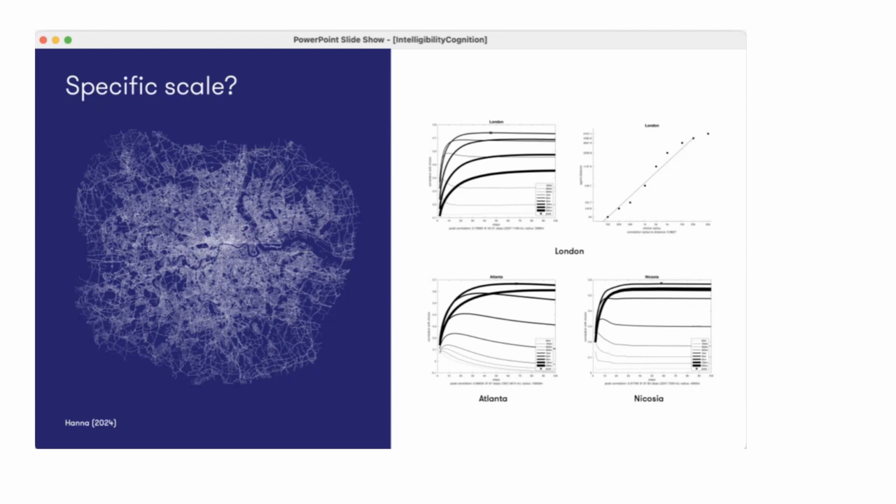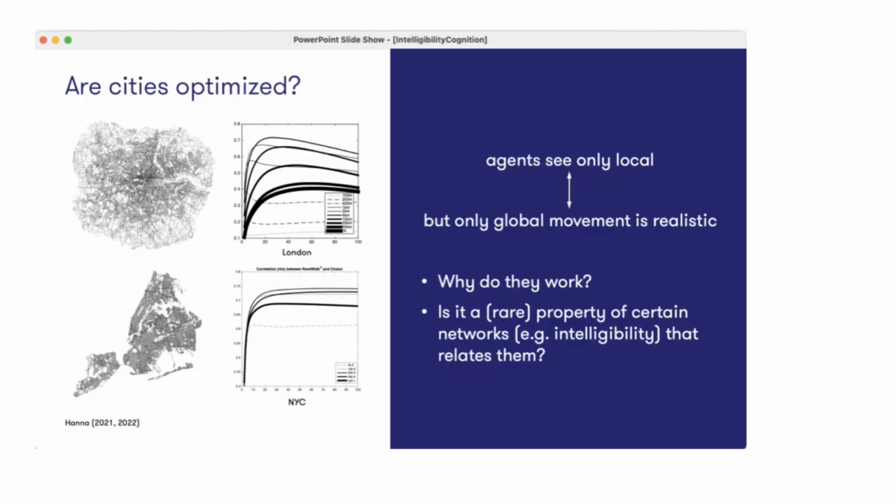One thing that's worth looking at, if you look at these previous two graphs here, on the left, the vertical axis for each of them is the degree of correlation between the random walking agents and the choice measures, between these two local and global measures. And you can see the horizontal axis is the number of steps that agents take.